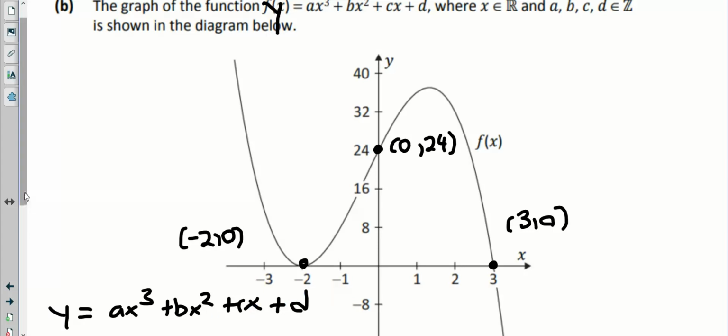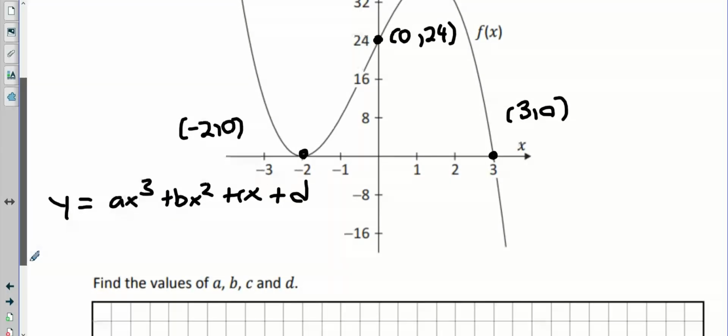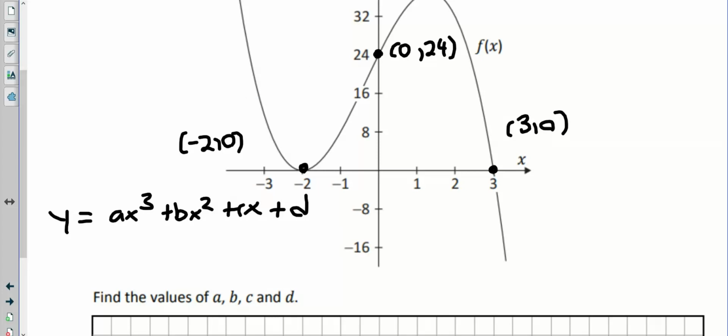Now look at this. Let's see if this works out nicely. I'm going to start off with the easiest one I can use. Why is this the easiest one I can use? All the x values are 0, aren't they? Replace y with 24. Now what happens here?